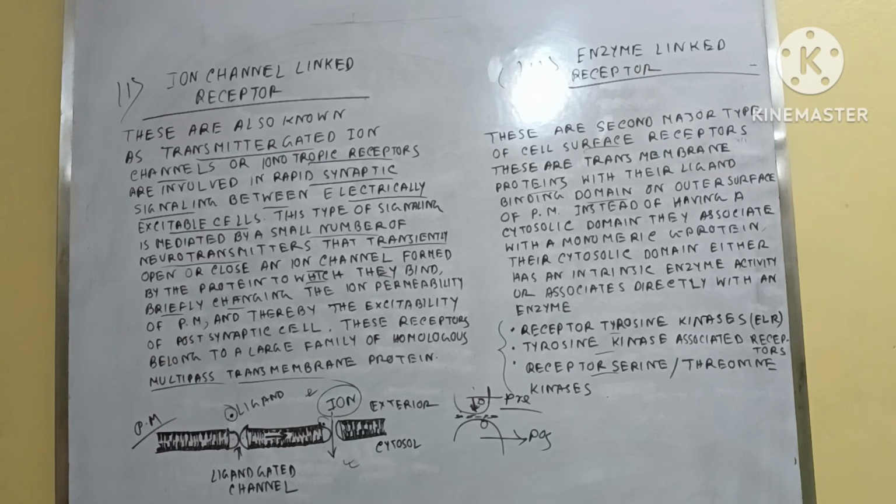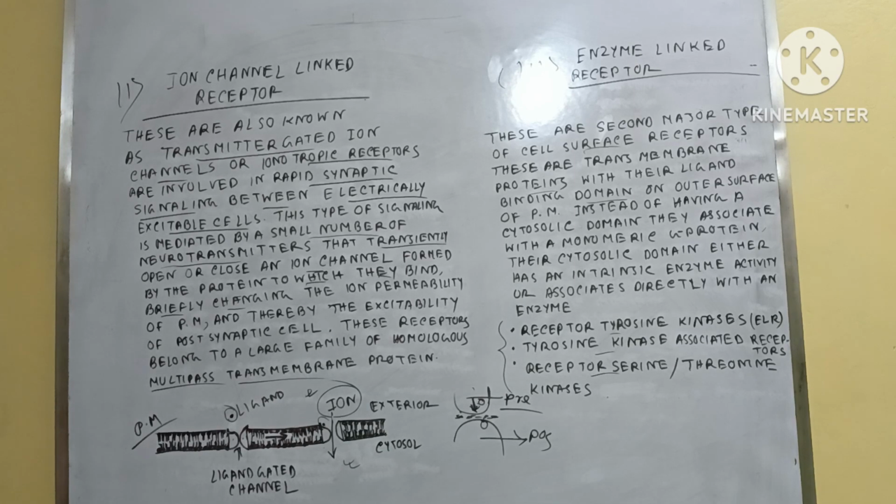The ligand must be bound to the receptor for the activation of the receptor. If the ligand is not bound to the receptor, the signal cannot be passed through it.